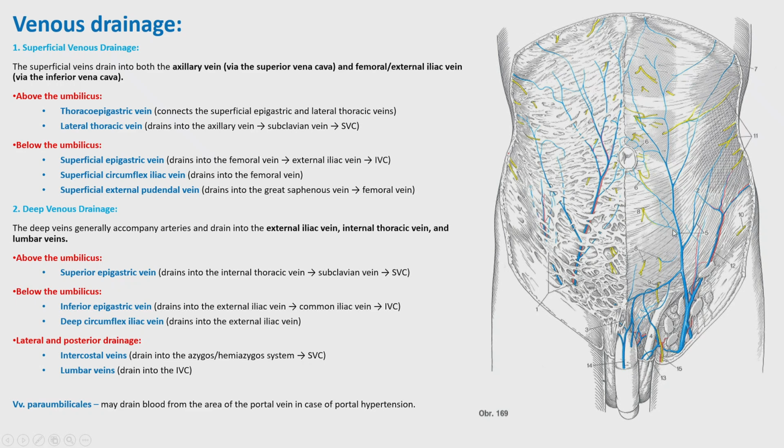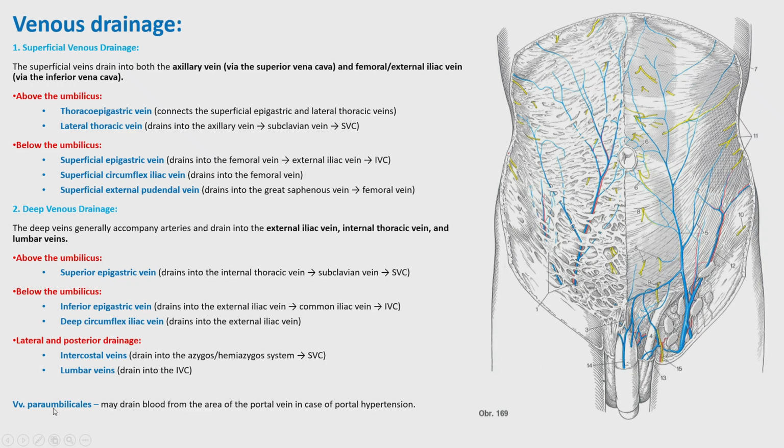Below the umbilicus, superficially, they go to the superficial epigastric, superficial circumflex, and superficial external pudendal veins, with a small part for the genitals. The deep veins, again, above the umbilicus are the superior epigastric, below is the inferior. Here you just see the superficial one. And the lateral posterior part drains to the intercostal and lumbar veins.